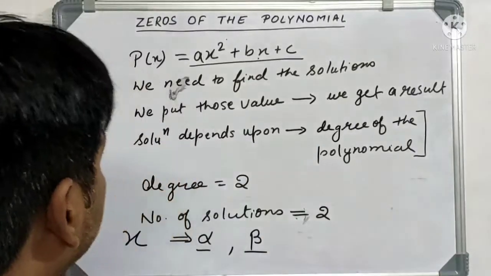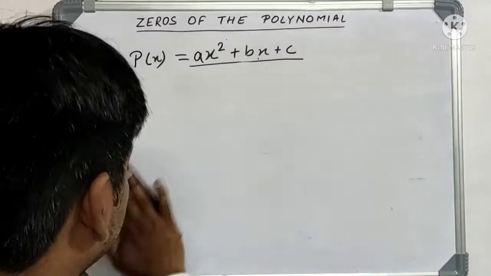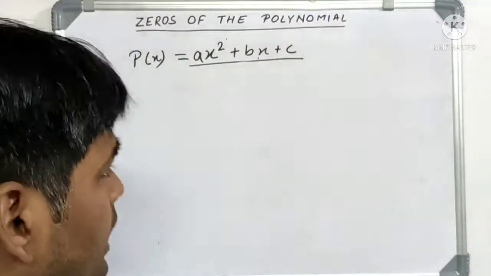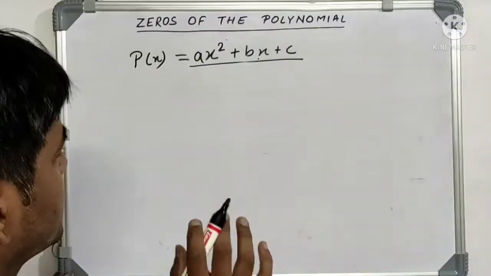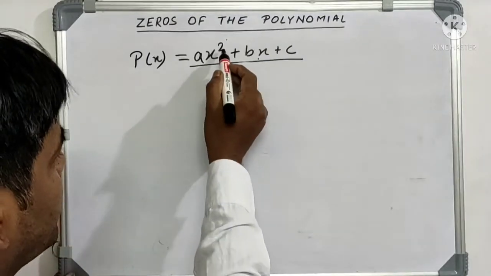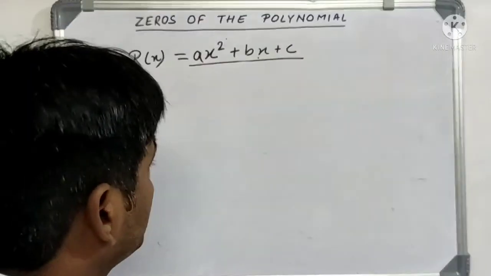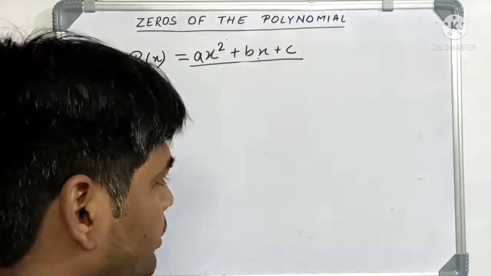So let us move on to the topic with the formation of this. Let's say this polynomial has two solutions, which is denoted by the degree. The highest degree of this polynomial is 2, therefore it has two solutions in the form of alpha and beta.